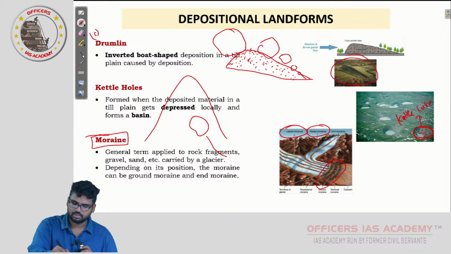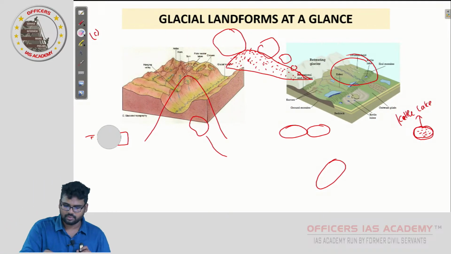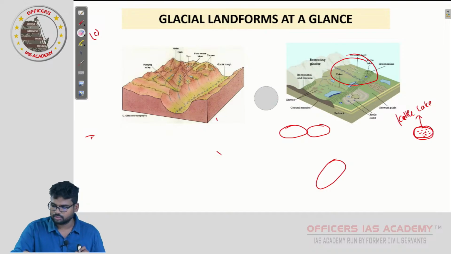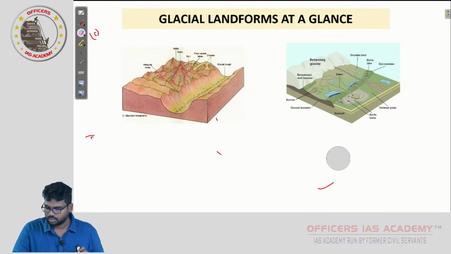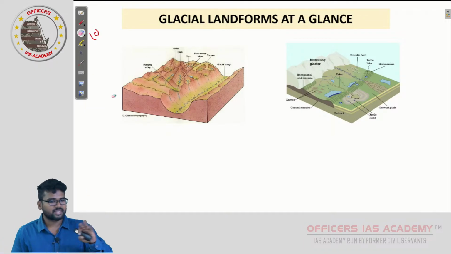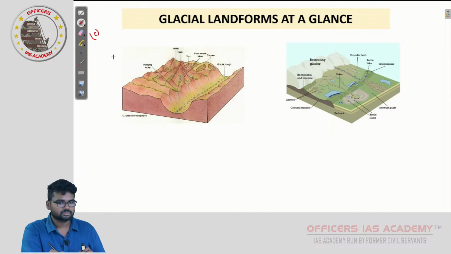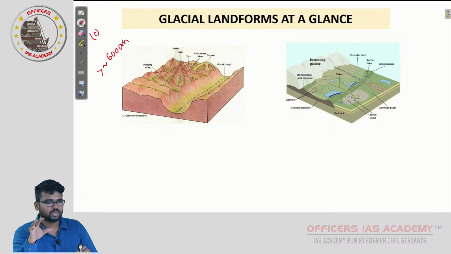So just to give a summary, in glacial activities we can have both erosional and depositional features, and mainly they are found in mountains with glaciers. Generally, the mountains which have a height of more than 6,000 meters are the most ideal ones to have permafrost.